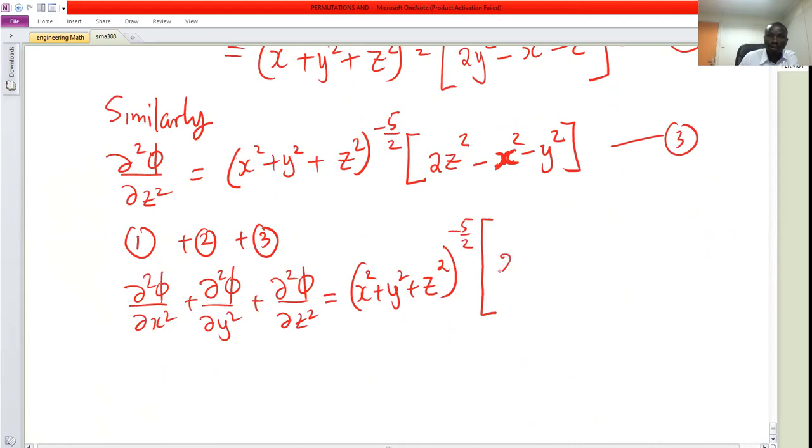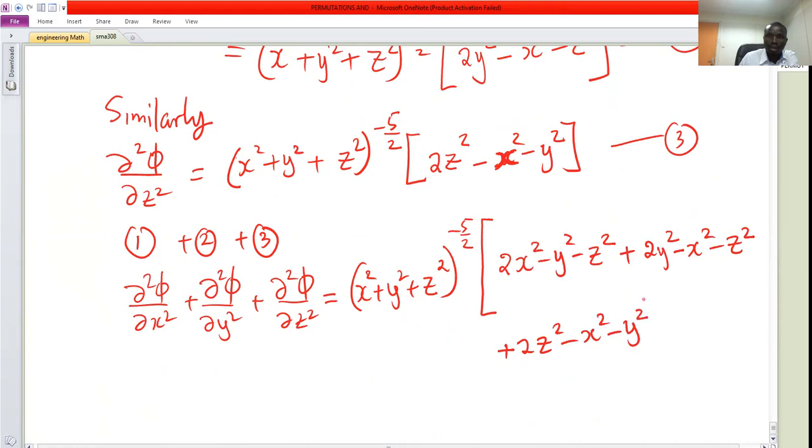So we have 2x squared minus y squared minus z squared. Next one, I have 2y squared minus x squared minus z squared. And then the next one, I have 2z squared minus x squared minus y squared. And even use brackets. So this is what we have.